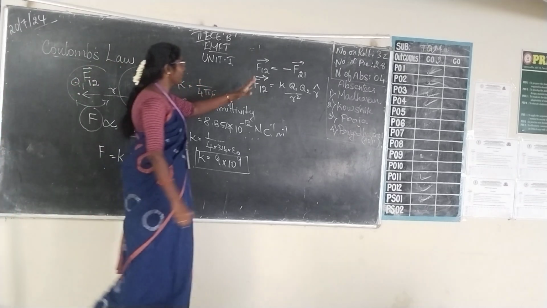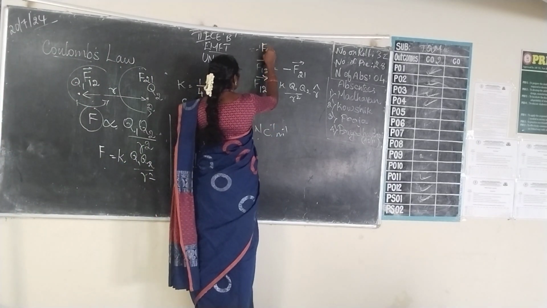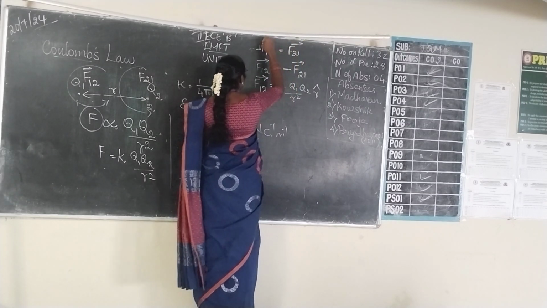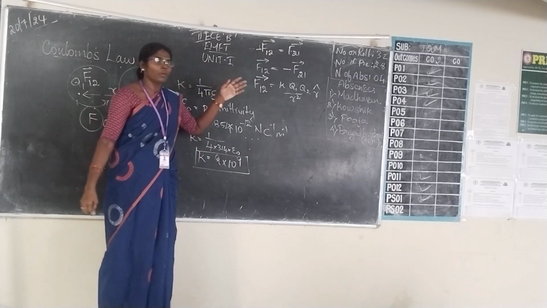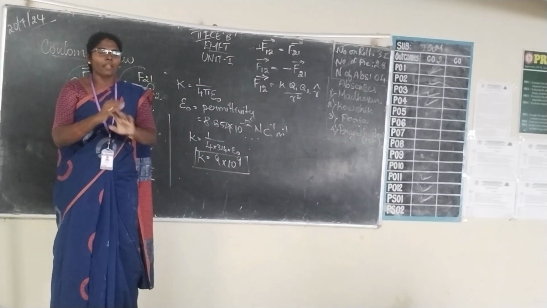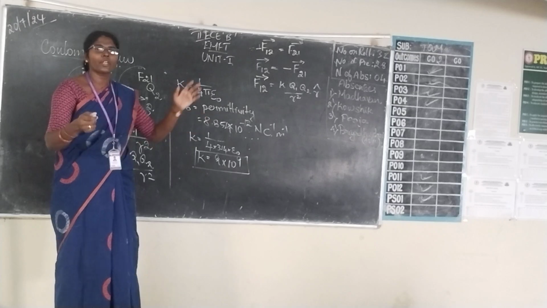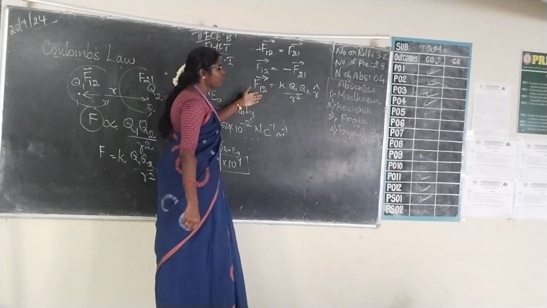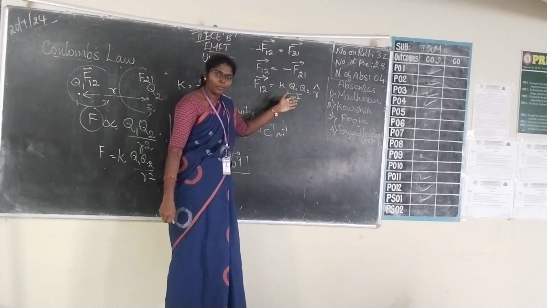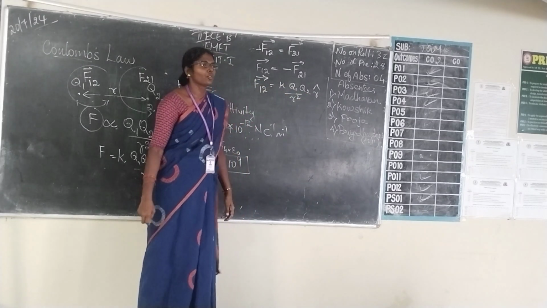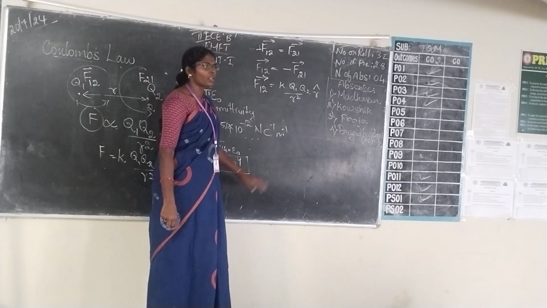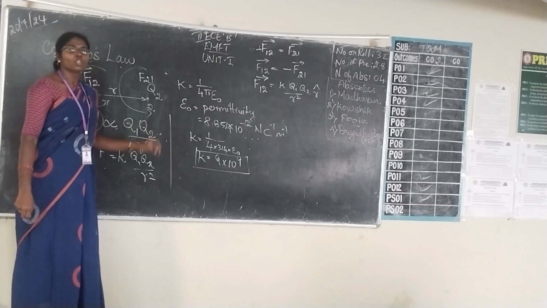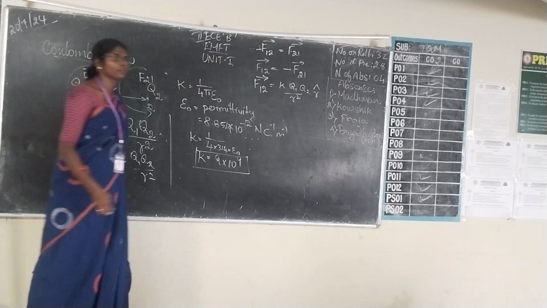We can also write it as minus F12 is equal to F21. In either case you can write it; both are opposites, so you can change the sign accordingly. We also have to add the unit vectors. That is all about the entire Coulomb's law and the comparison between the two forces on the two charges. Clear? So write this down.